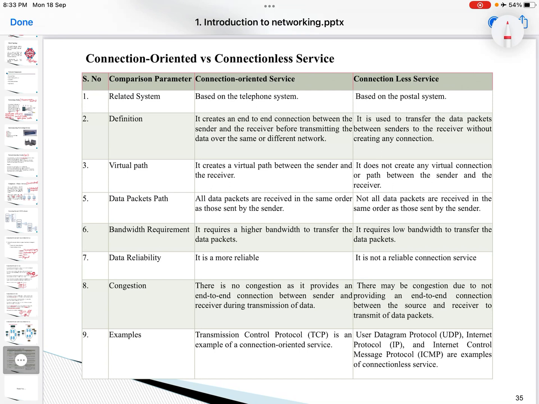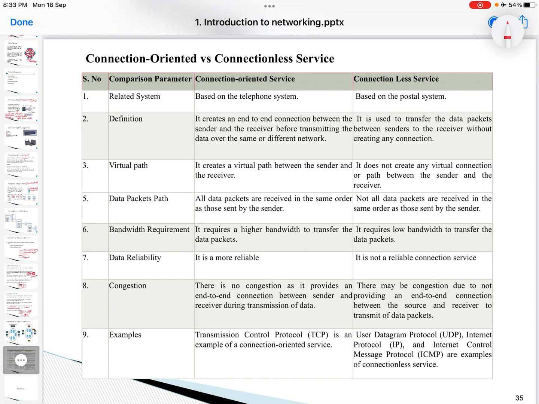Definition: connection oriented creates an end-to-end connection between the sender and the receiver before transmitting the data over the same or different networks. Connectionless is used to transfer the data packet between the sender and receiver without creating any connection. So in connectionless, no connection is created. In connection oriented, you have a connection which is created.